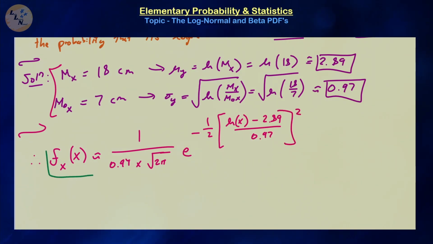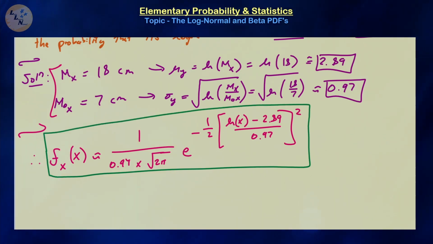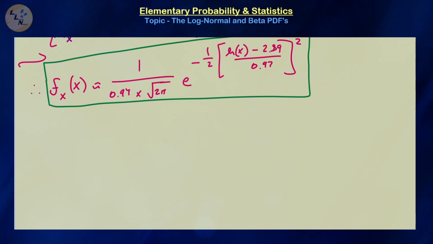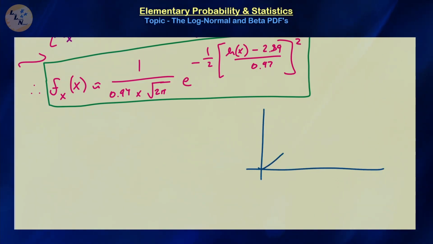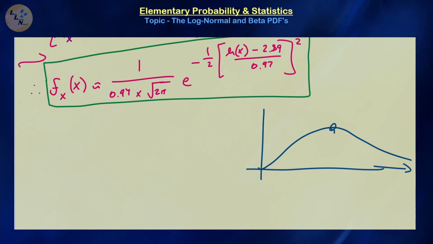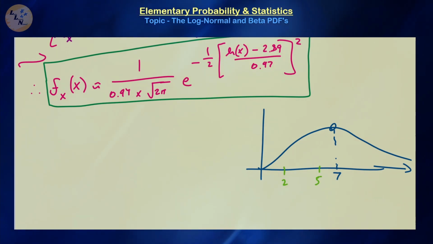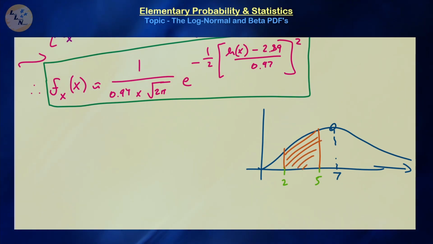So that's the probability density function that, for example, you would input into Desmos so that you could conduct your calculations. Our density function is going to have that particular shape. Remember that the mode is going to be equal to 7, and we want the probability that our strand of hair is in between 2 and 5. From this geometric picture, we're interested in finding this area here, where this is the distribution of x.